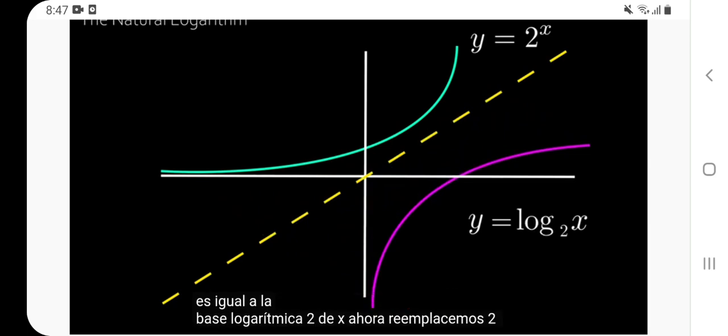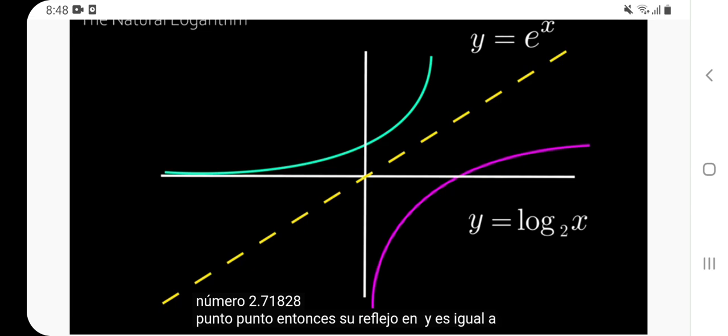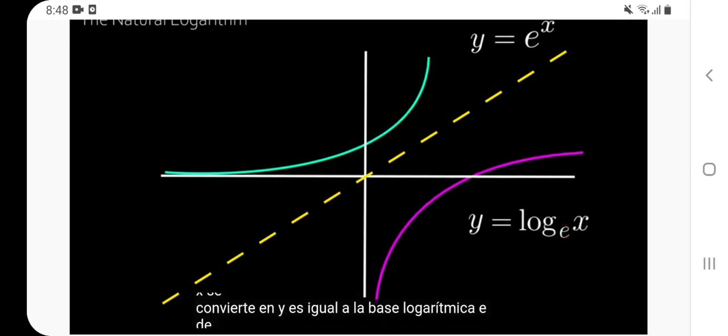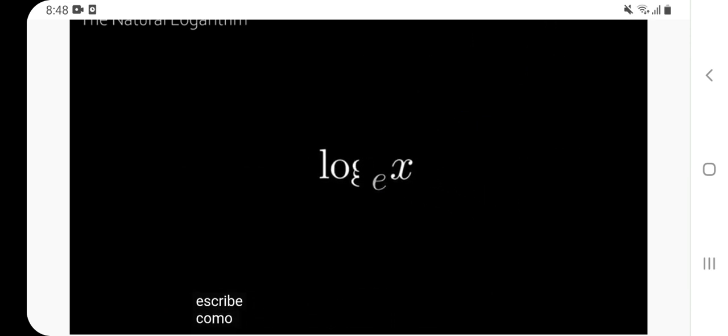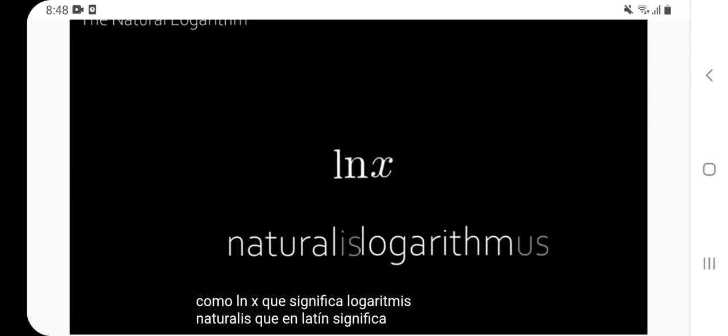Now let's replace 2 to the x with e to the x, and remember e is a number 2.71828... Then its reflection in y equals x becomes y equal to log base e of x. Now log base e of x is famously written as ln x, which stands for Logarithmus Naturalis, which is Latin for natural logarithm.